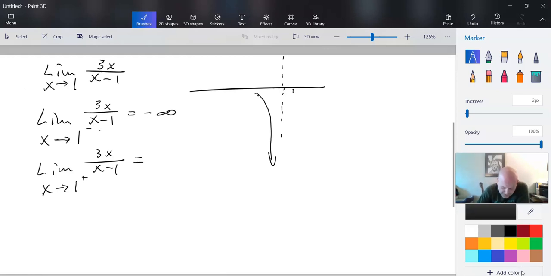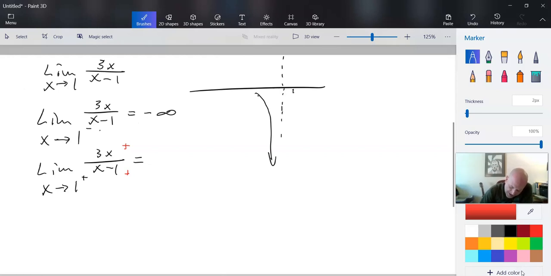And if I do the same thing, I know I'm dealing with all positive numbers. I know this numerator is going to be positive because I'm sticking in a positive number. The denominator, if I take a number that's a little bit bigger than 1 and subtract 1, I still get a positive number. So I end up with another positive here, which means that the numbers on the right-hand side of this are going to be positive.